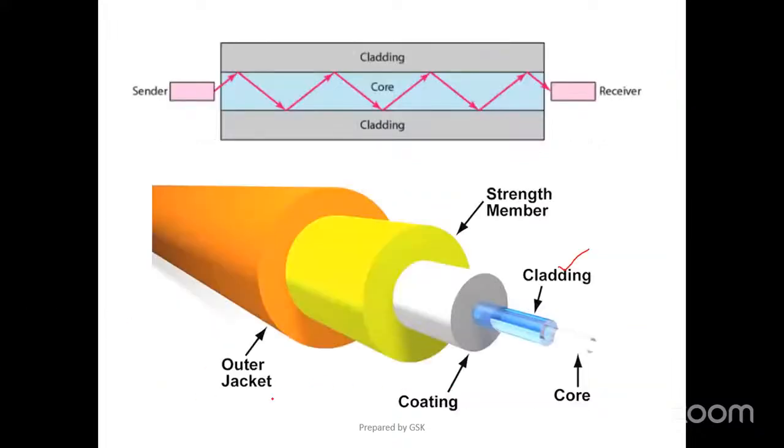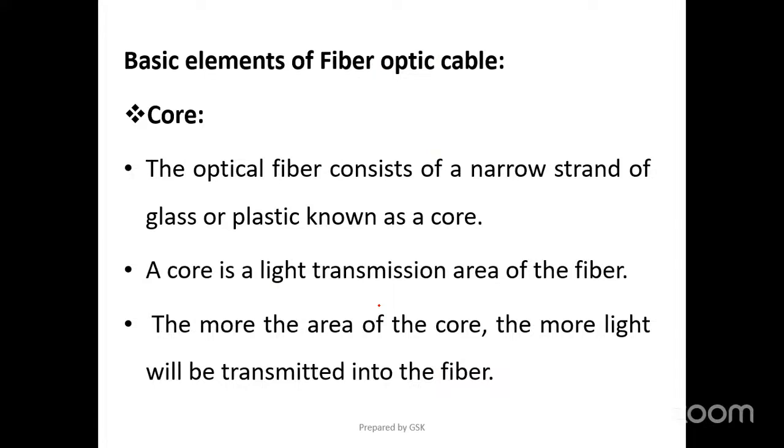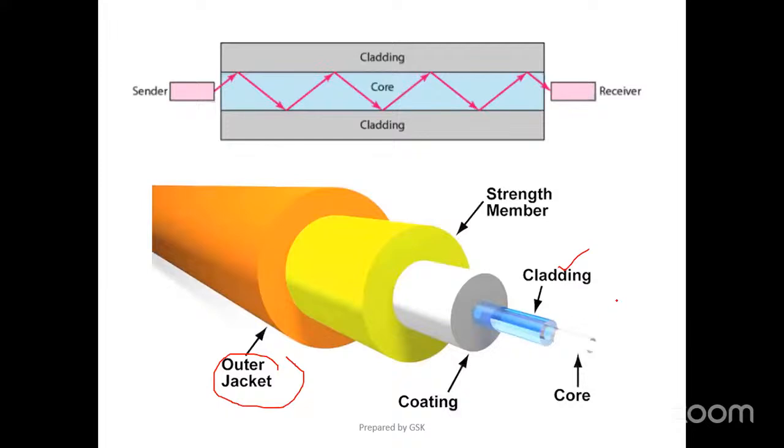Now, see this outer jacket for protection purposes again. Then we cover the core. The optical fiber consists of a narrow strand of glass or plastic that is known as the core. This one might not have good visibility because it is also white in color, and the background is also white.